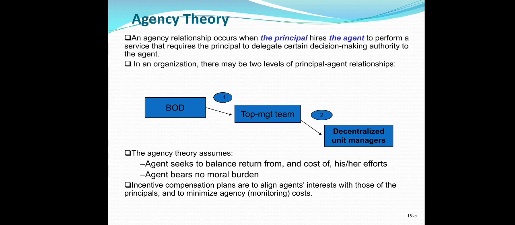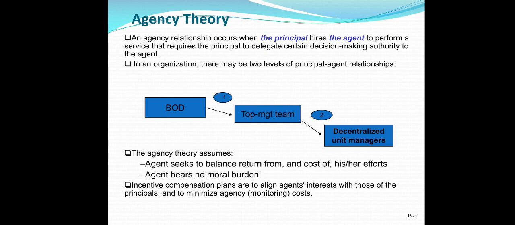Okay, incentive compensation plans are to align the agent's interests with those of the principal and to minimize agency or monitoring costs. So, for the principal to make sure that the agents do things that the principal wants, the principal uses an incentive compensation plan.